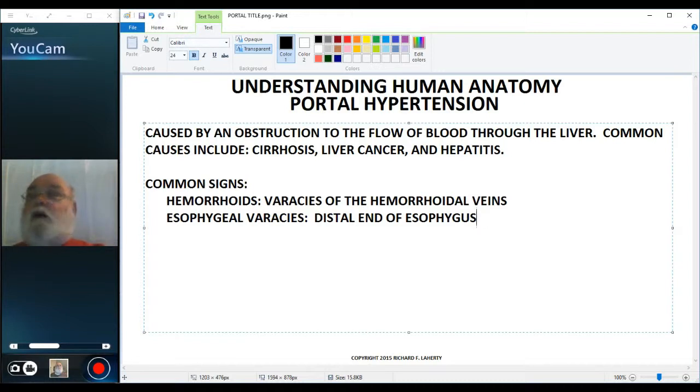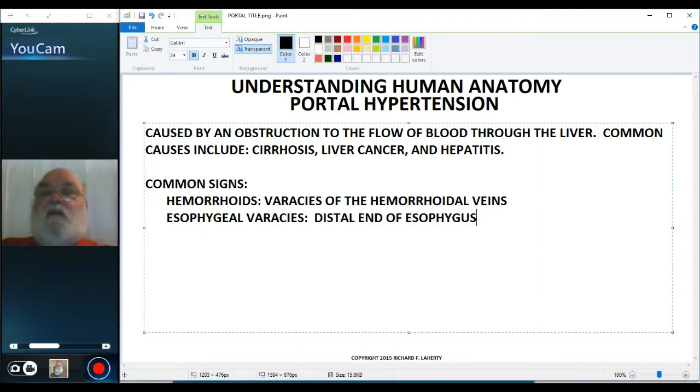They are very problematic because it's hard to stop bleeding from these vessels since they're so deep down the esophagus. And oftentimes people with esophageal varices will vomit blood because of all this blood getting into the esophagus.